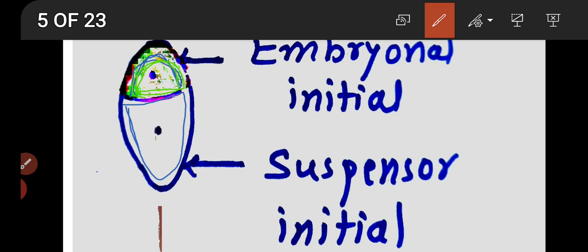The larger cell toward the micropylar end is called the suspensor initial.